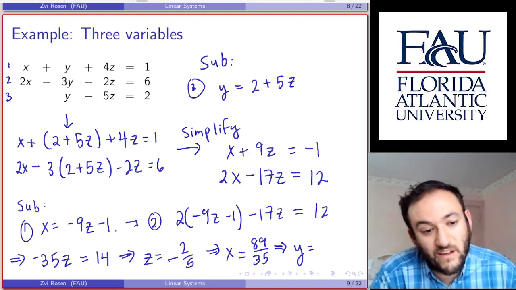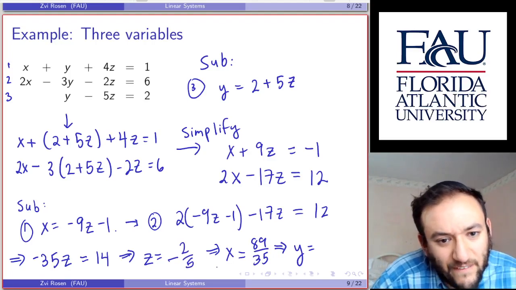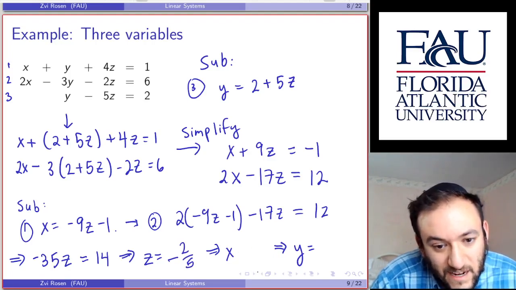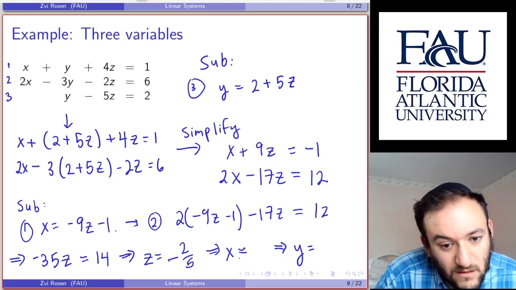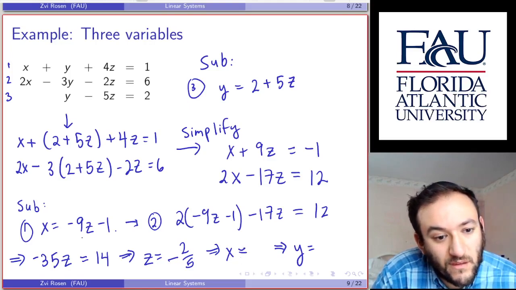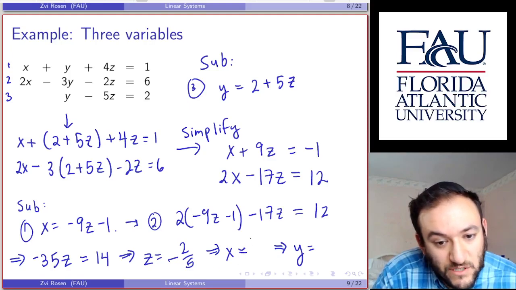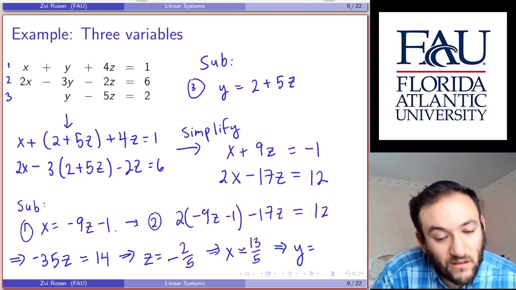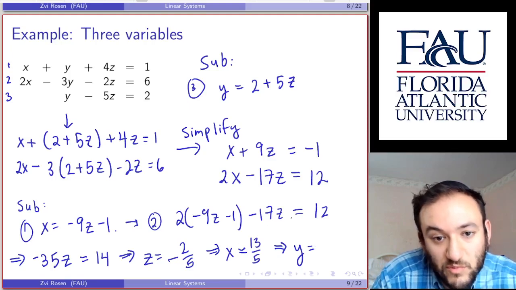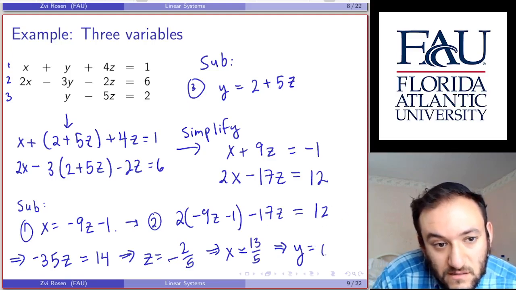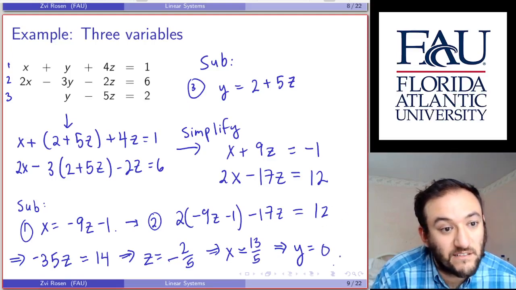Okay, minus 2 over 5, that's better. And then we can be more certain when we say that x equals 18 over 5 minus 1, which is 13 over 5. And then y equals 2 plus 5z, which is 0. That's convenient.